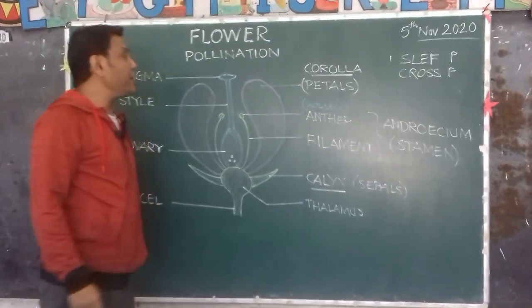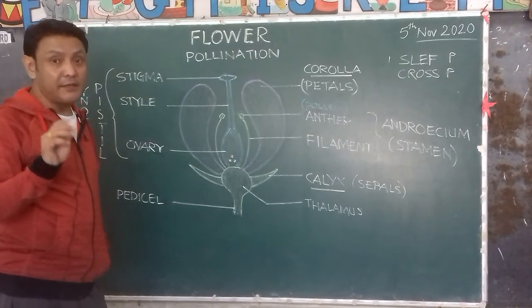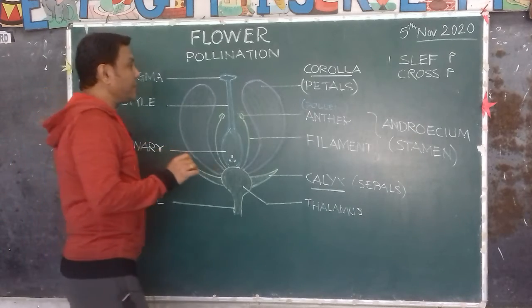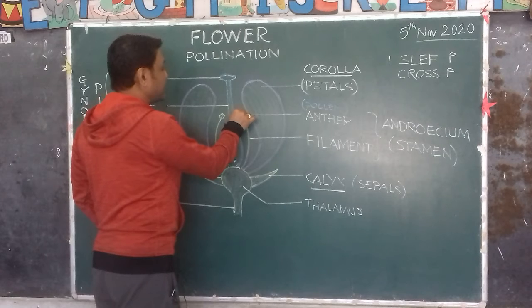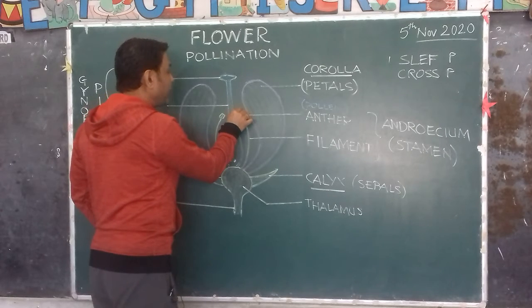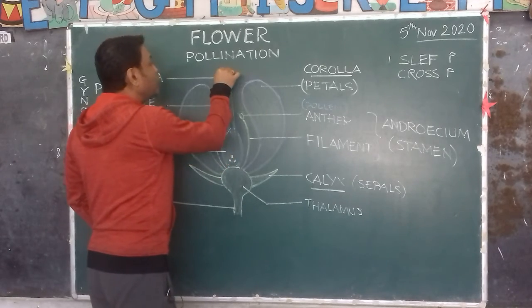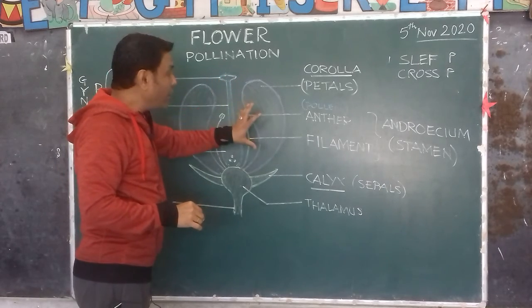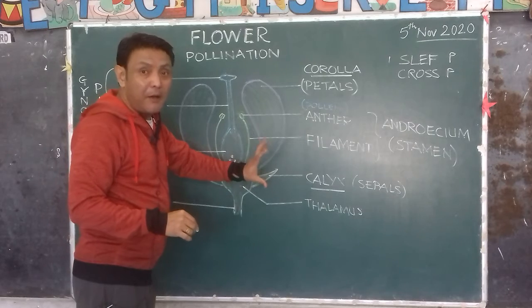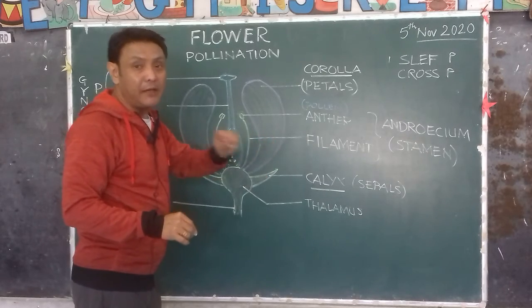Self-pollination is the transfer. Please listen to it carefully. Self-pollination is the process of transfer of pollen grains from the anther to the stigma of the same flower or of another flower borne by the same plant.